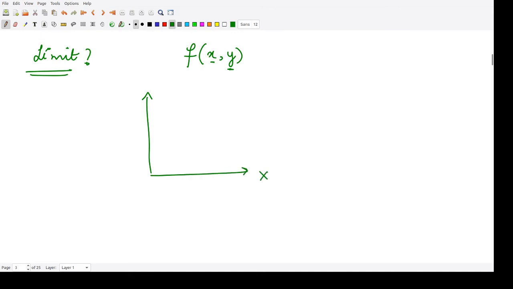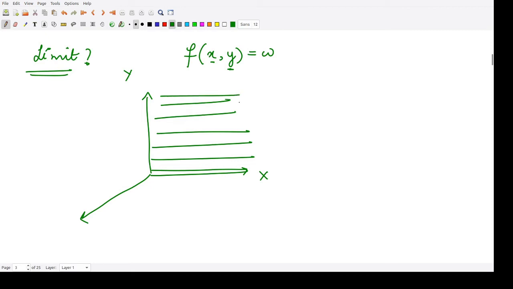So say this is your x-axis, this is your y-axis. These are the two independent axes, and your function, say, is defined by w, right? So let me define this w here. So you could input the whole of this xy plane into your function. So that is one thing, and whatever result you get will be somewhere corresponding to this w axis, right? So this is the thing. Now in this case you have some point here as x naught comma y naught.